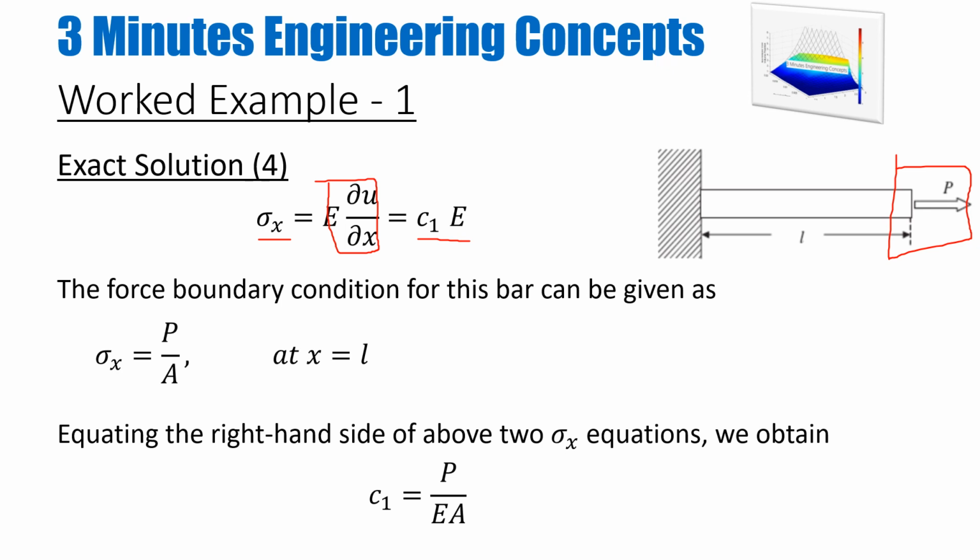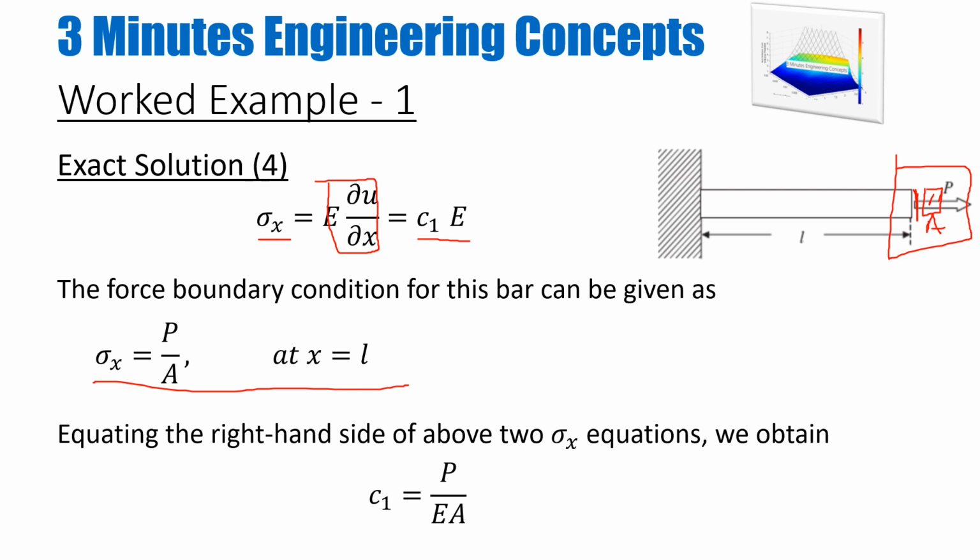The force boundary condition for this bar can be given as: my sigma x at this point will be P over the cross-sectional area A. If this is a rectangular bar which has a cross-sectional area of A, I just divide this load by the area, and I get the stress at this point, which is at x equals L. And that is what this boundary condition tells you.